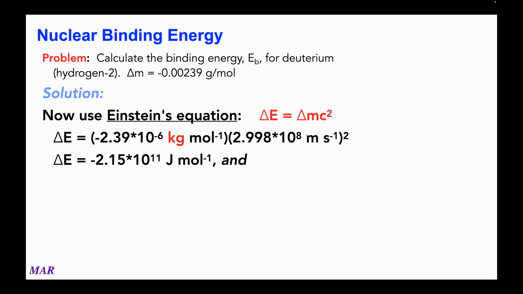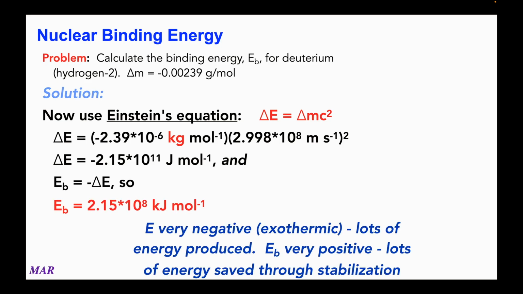And you could figure out delta H products minus delta H reactants to figure these kinds of things out, by the way. But anyway, those energies are much, much less than 10 to the 11th joules per mole. When you make things like deuterium, you are getting an incredible amount of energy out. Not just a little bit, but a lot of energy out. And we'll come back to that in a little bit.